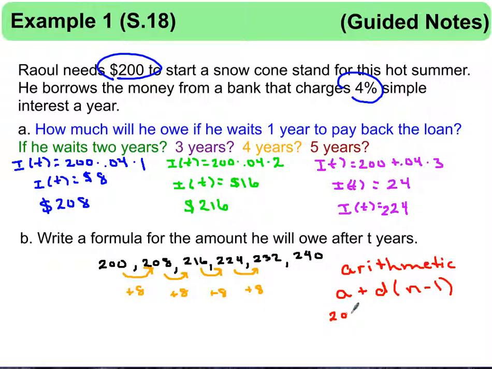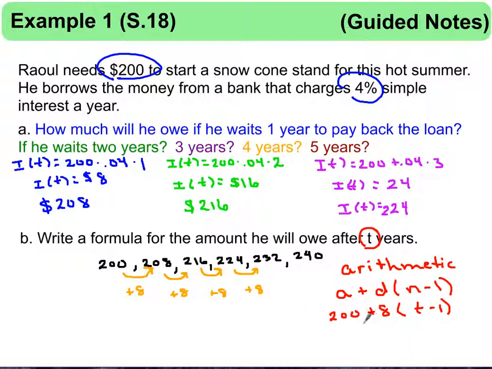That's how much I borrowed. The common difference is that I'm adding 8 every single time. And then n, or if you wanted to replace n with t, the number of years, you may. n or t does not matter. t referring to the number of years, first year, second year, third year, fourth year, fifth year, same as n equals 1, 2, 3, 4, 5.